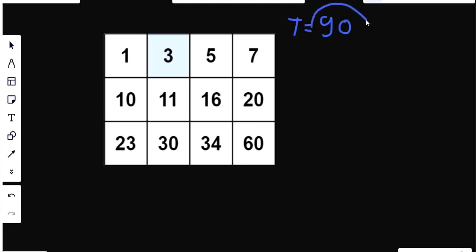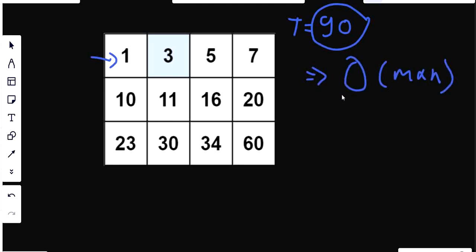in this case I will be traversing this whole matrix and the time complexity will be around big O of m cross n, and after traversing through this whole matrix, at the end I will realize that the target value is not in our 2D matrix and I will return false.